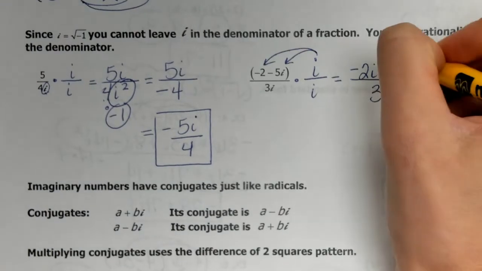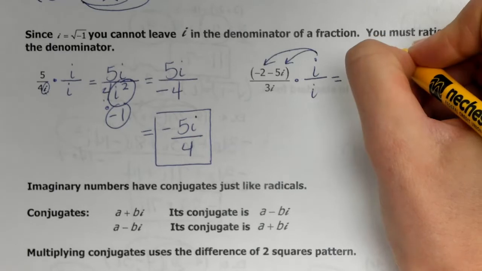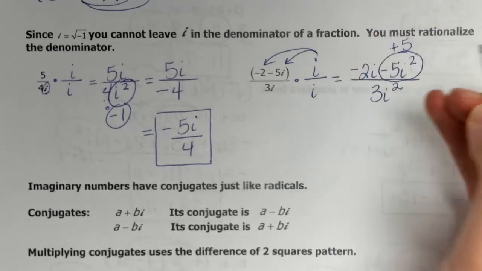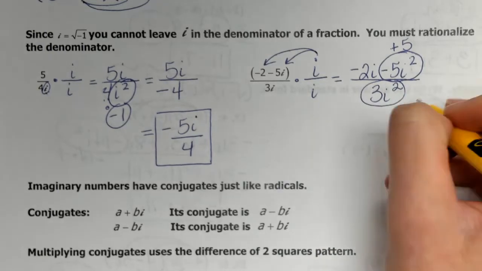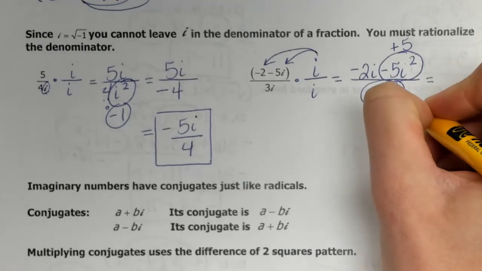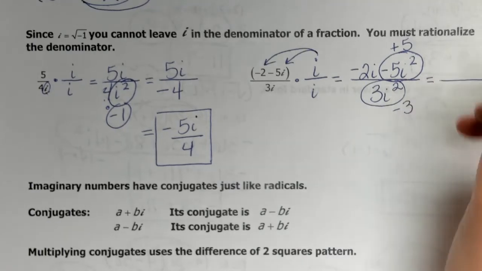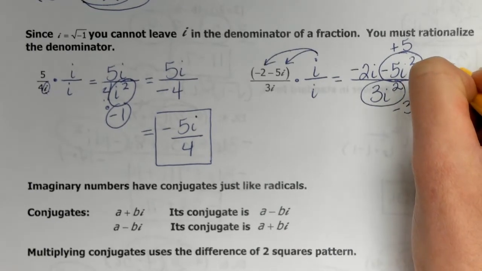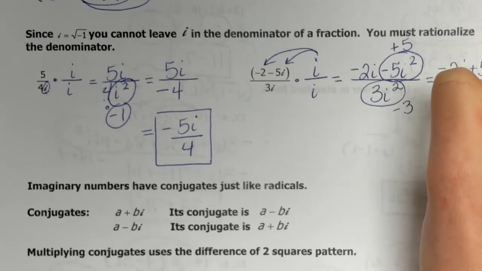Okay, well, that negative 5i squared turns into positive 5, and this 3i squared turns into negative 3. Y'all see that? Because you're doing 3 times negative 1. So this is giving me, if I were to just write it out, negative 2i plus 5 over negative 3.